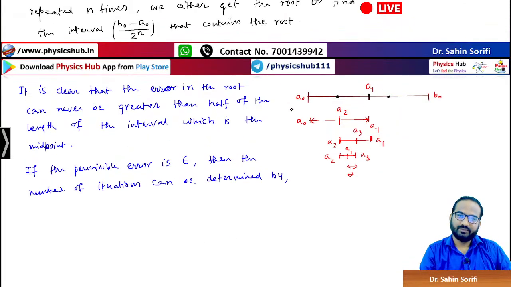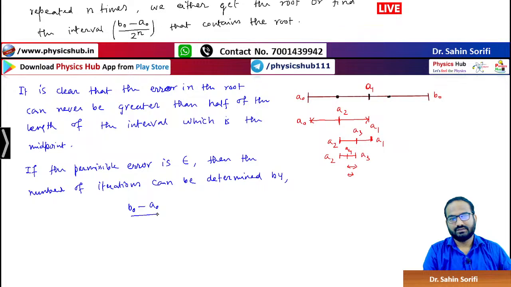If you repeat the process n times, this will be (b naught minus a naught) divided by 2 to the power n.